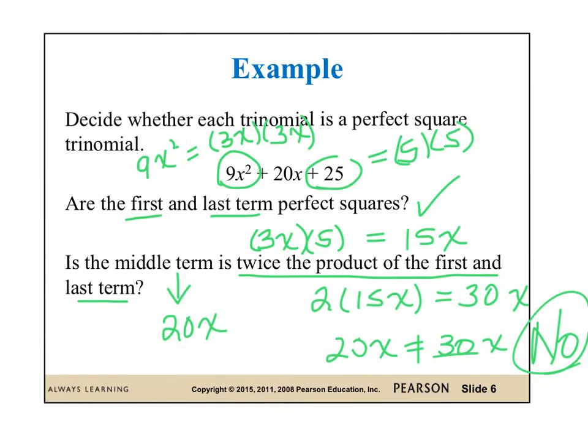Now, the other thing that I want to add in here is that once we know that this is, in fact, not a perfect square, we can proceed to try to factor it using a different method. It may or may not factor, but we can try.